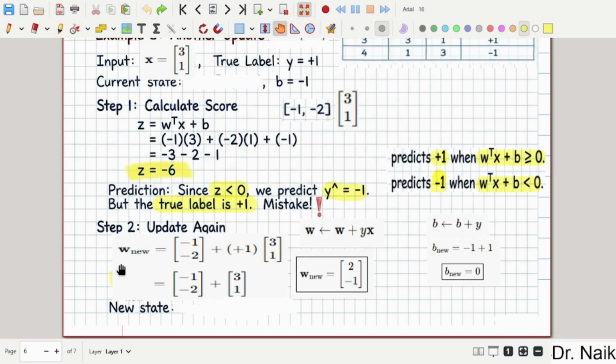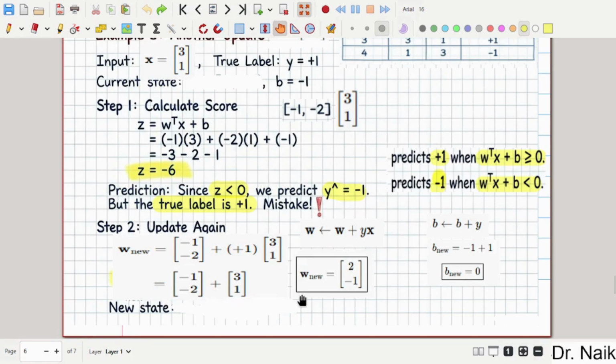So W is updated by the formula W is equal to W plus Yx. That means W new is equal to W old plus Yx. Our W old is a column vector with entries -1 and -2. Y, the true label, is +1, and X is a feature vector with entries 3, 1. So it is column vector -1, -2 plus column vector 3 and 1. So -1 plus 3 is 2 and -2 plus 1 is -1.